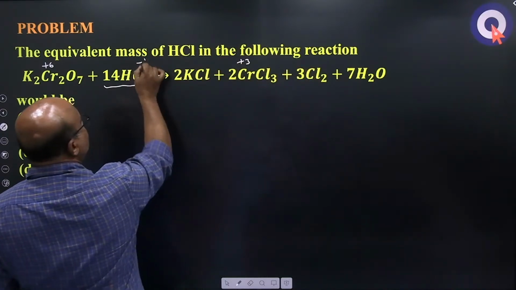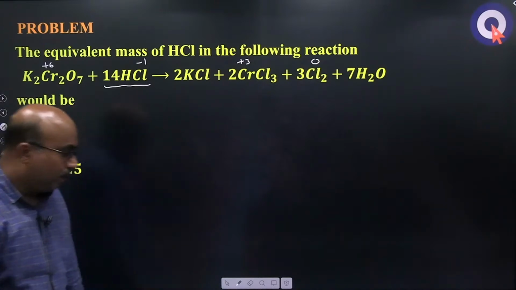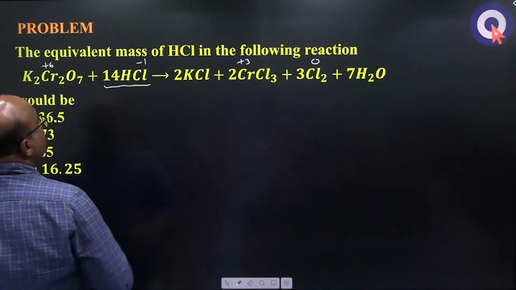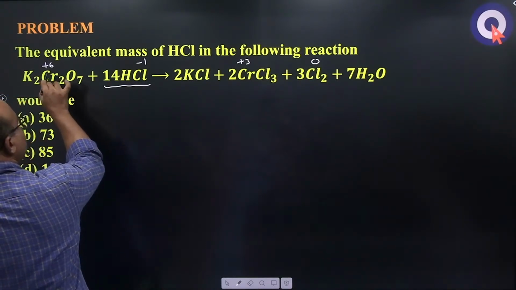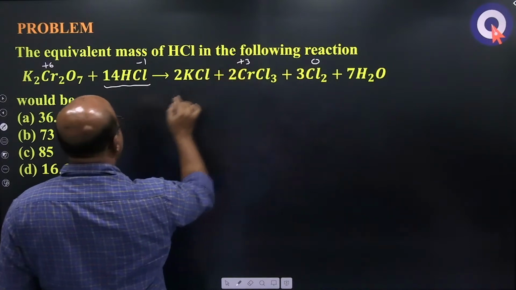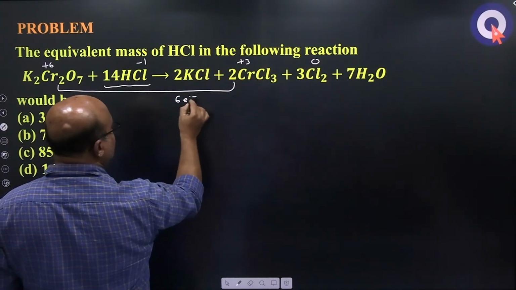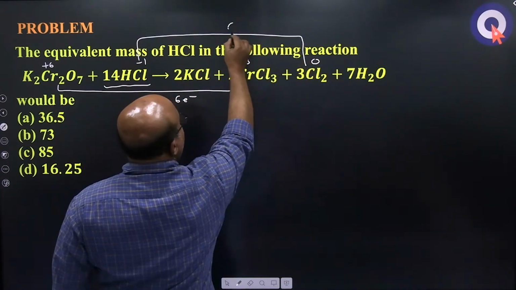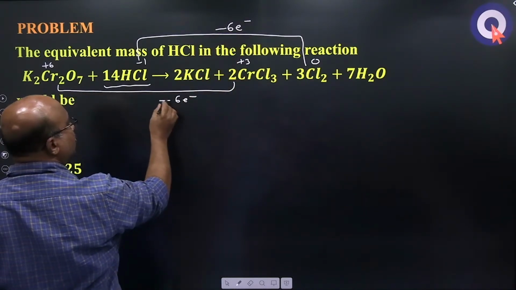So the total number of electrons involved in the process, each chromium being +6 converting to +3, is 6. Similarly, the oxidation is also 6. So 6 electrons are lost here and 6 electrons are gained.